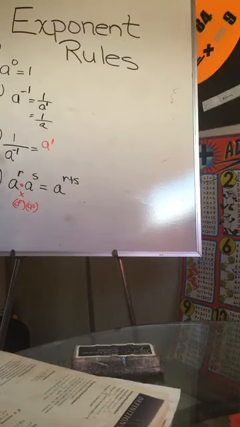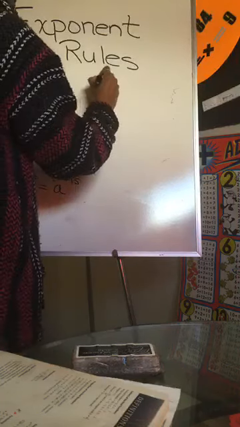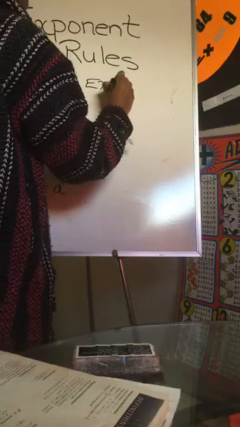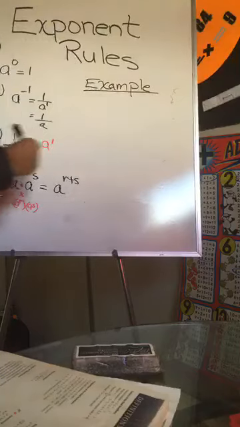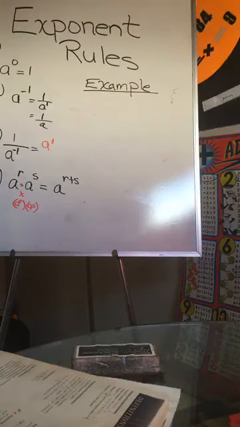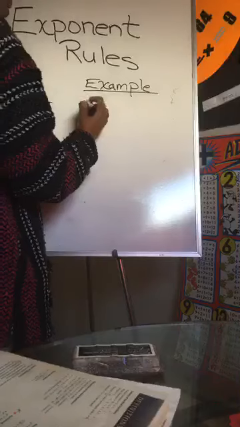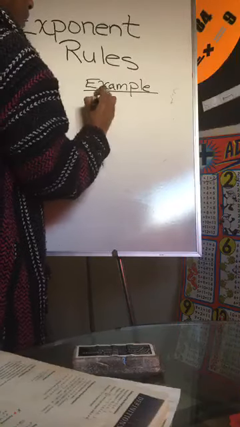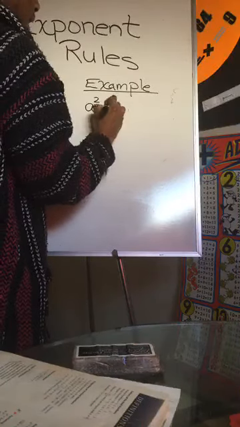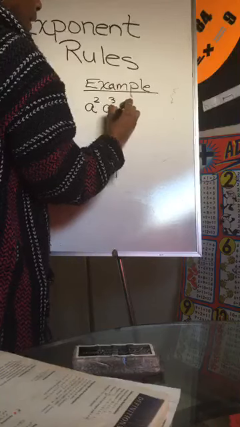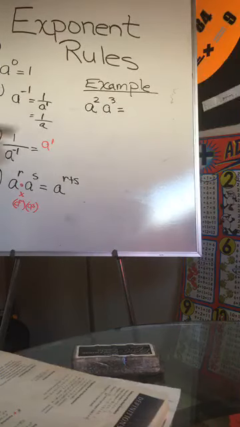So let's do an example of our fourth rule. Getting tongue twisted today. If we have a raised to the second times a raised to the third power, we must add our exponents.